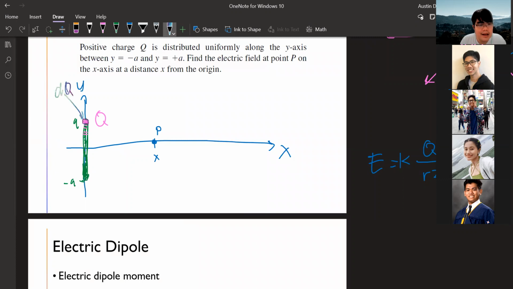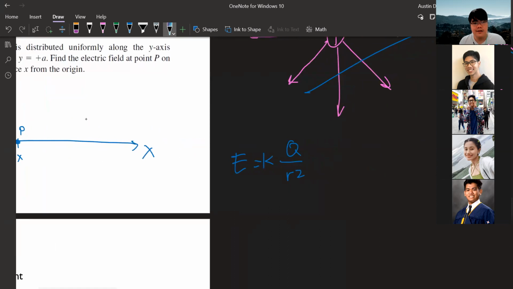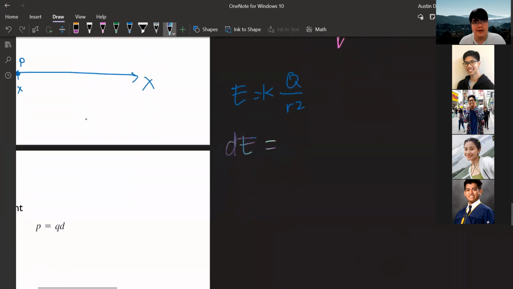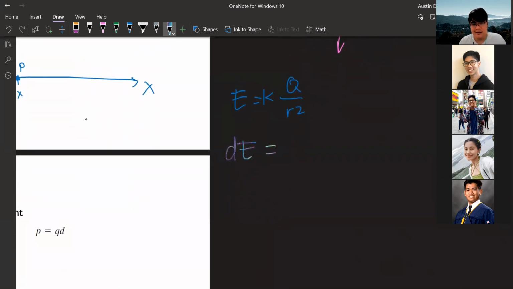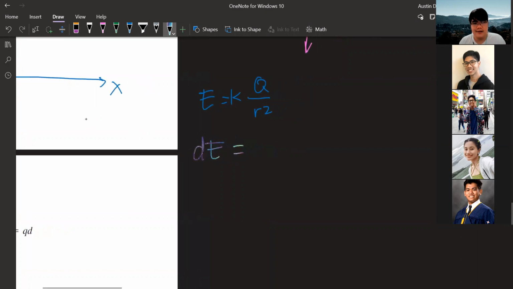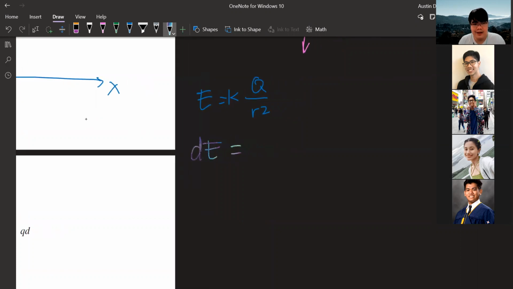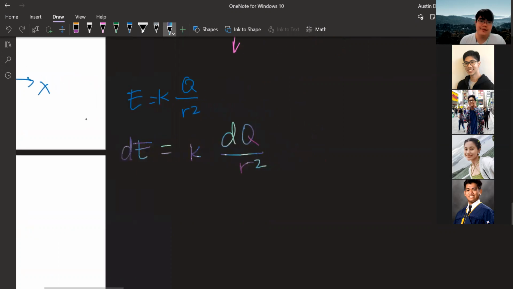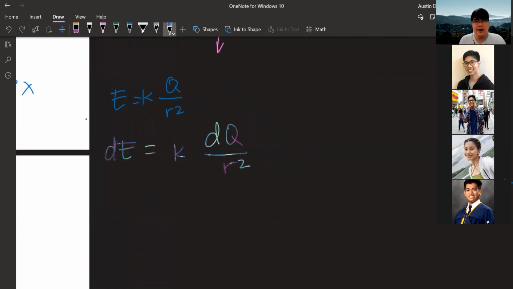In a sense, kailangan natin mabuo yung total electric field by building the small blocks or building the infinitesimal bits of that system. So DE would be your infinitesimal or small electric field. Then K is K. Then you have to get the small bits of charges over R squared.